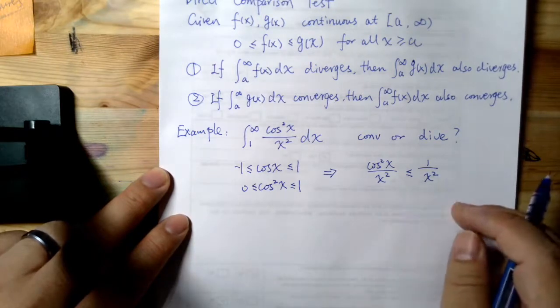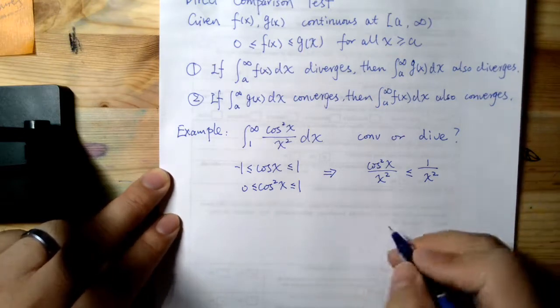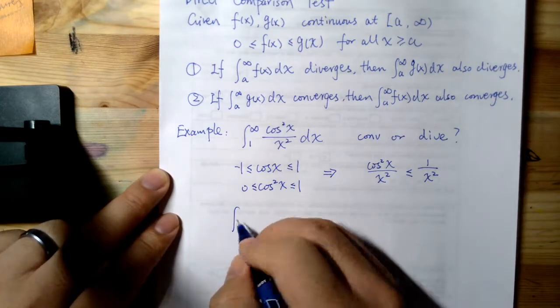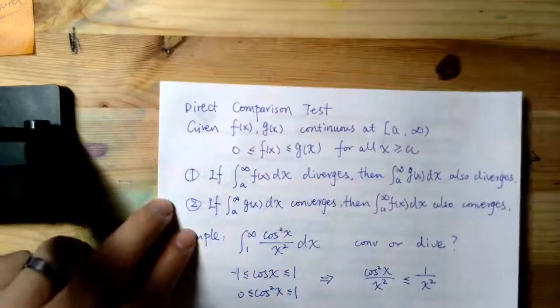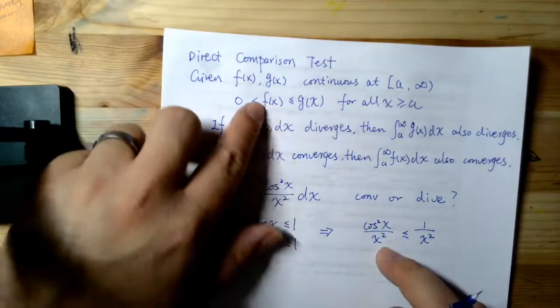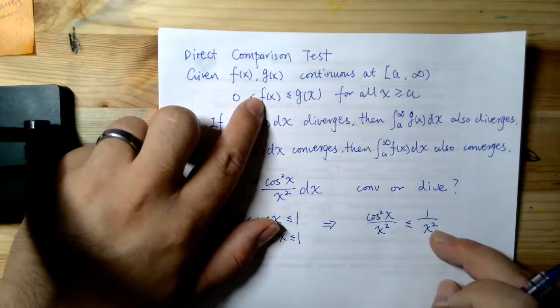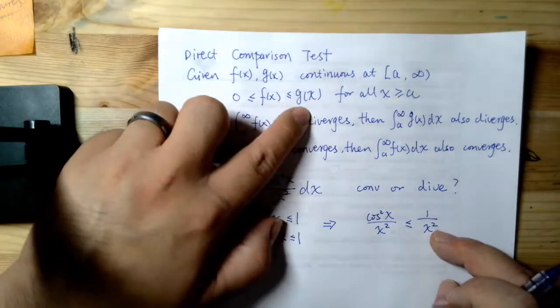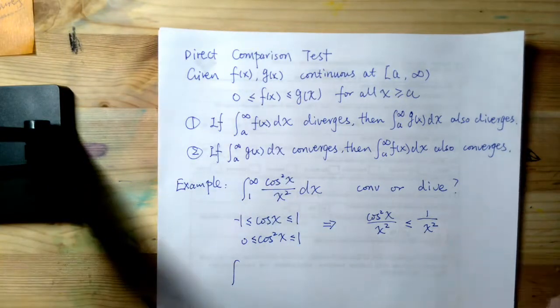From here we can see that this part, cosine squared over x squared, is like the f(x) in the direct comparison test. This part acts like the g(x) in the direct comparison test, which is 1 over x squared.